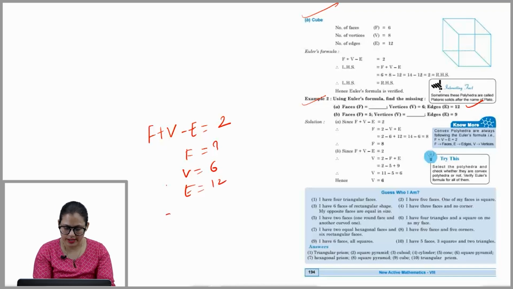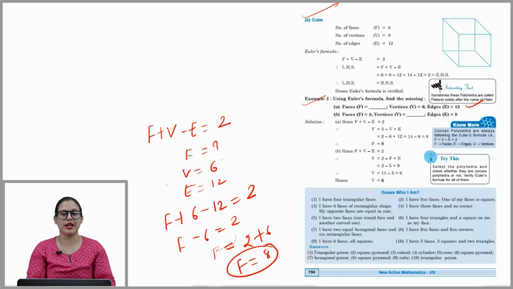So F plus 6 minus 12 is equal to 2. F minus 6 is equal to 2. So F is equal to 2, then we will transpose it to the right hand side, plus 6. So the value of F is 8. That means there are 8 faces.